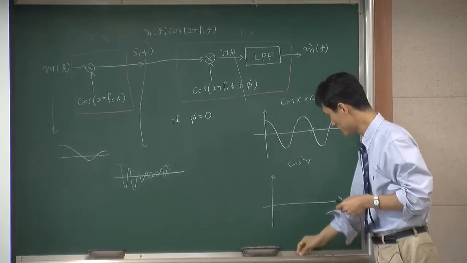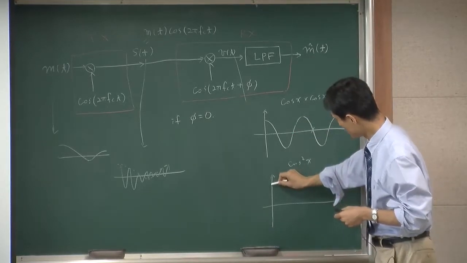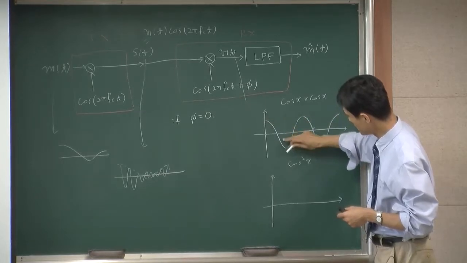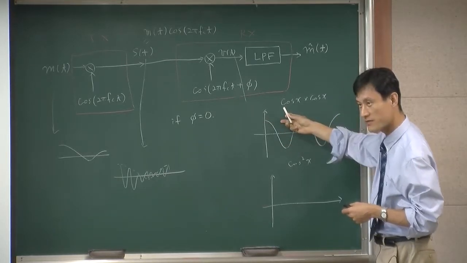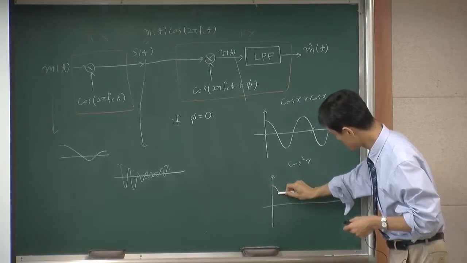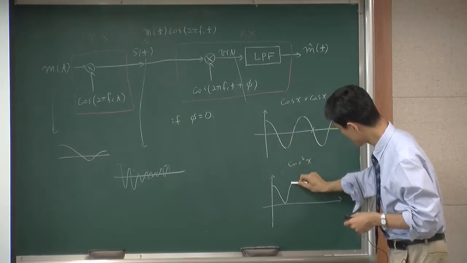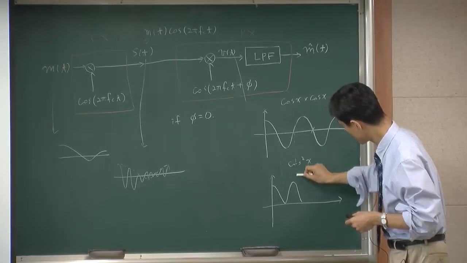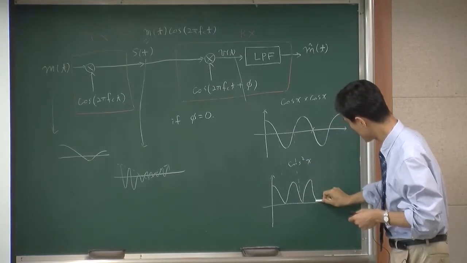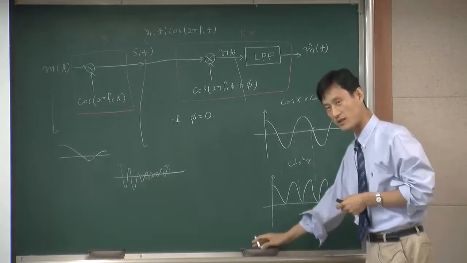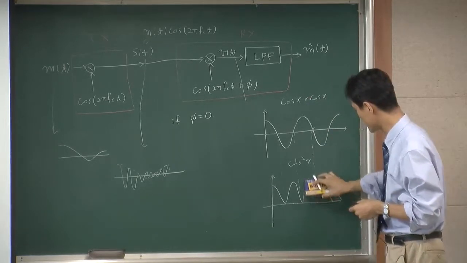So eventually, this negative one goes back up to positive. So what happens is it's something like this, right? This is a cosine square function.